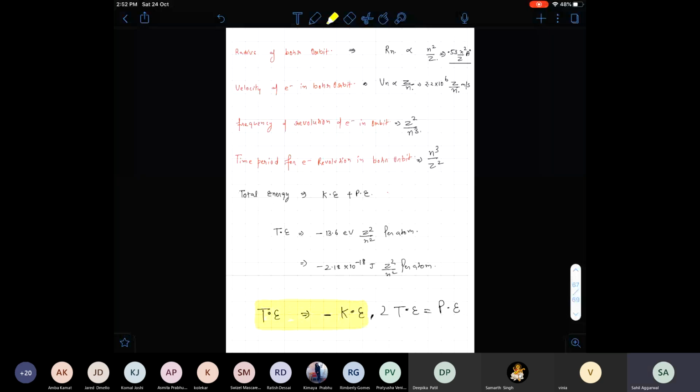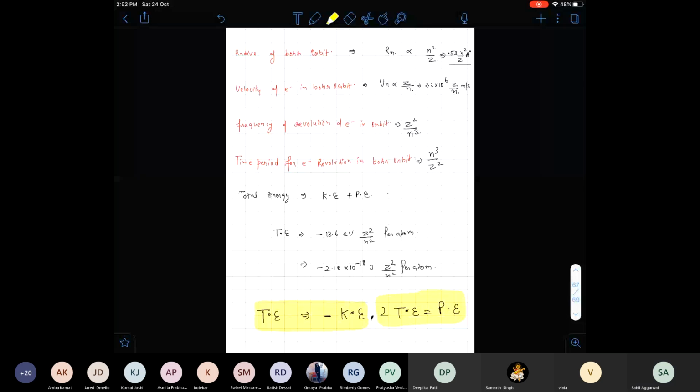These are the formulas that we'll be using in this part. This is the most important part of this chapter after quantum number. So just write it down again. We'll start questions of this.